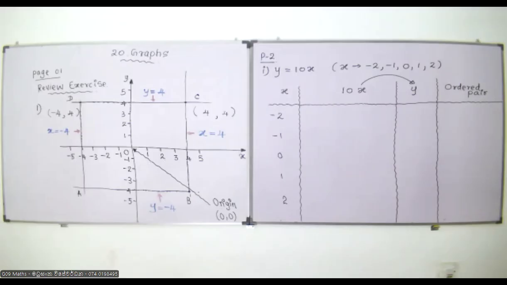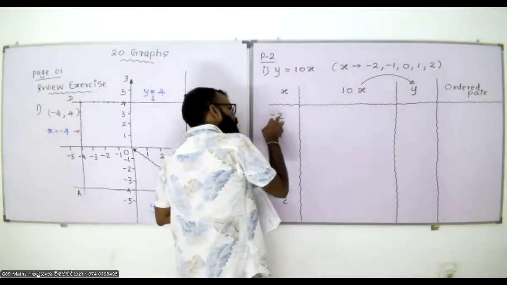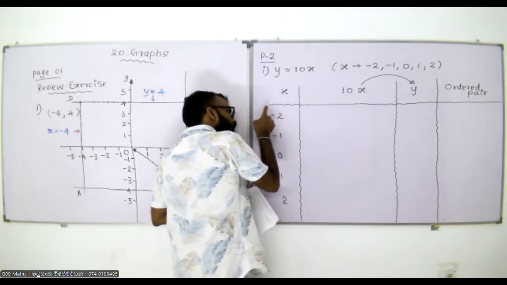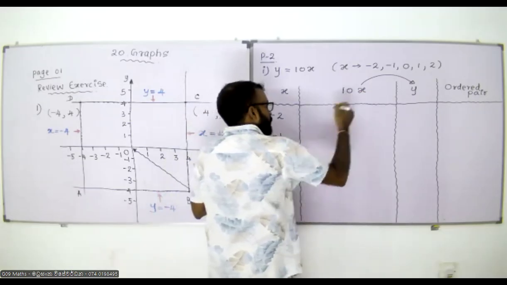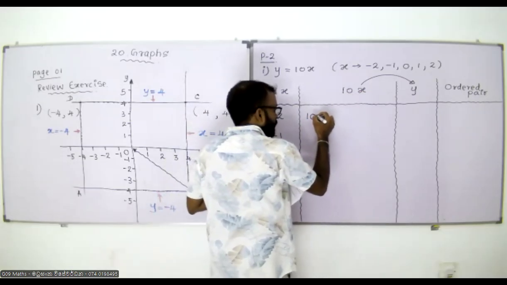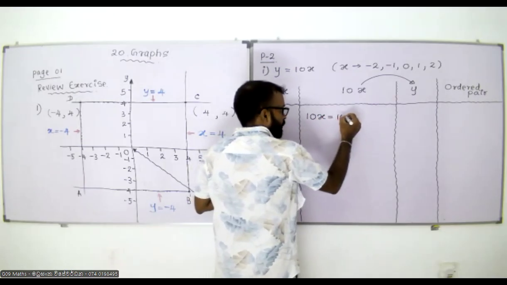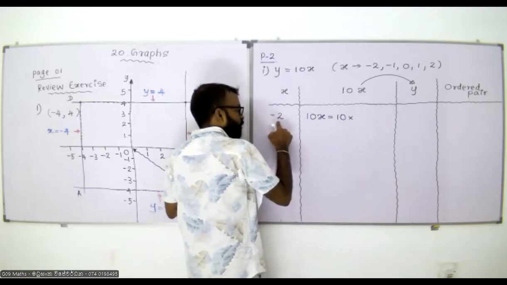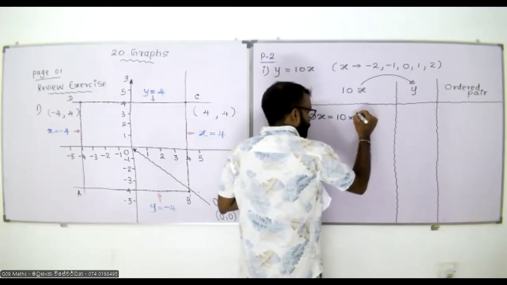This is easy. So when the x value is negative 2, you are going to substitute this x value, negative 2, here. So basically you have 10x. 10x means 10 multiplied by x. 10 multiplied by negative 2.